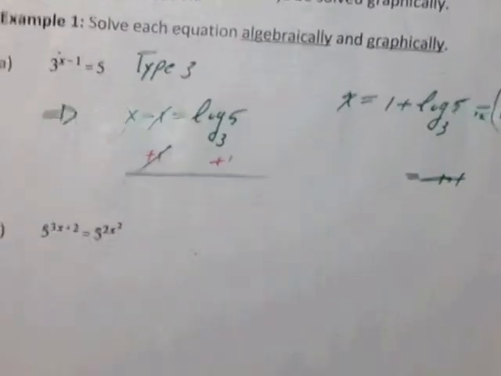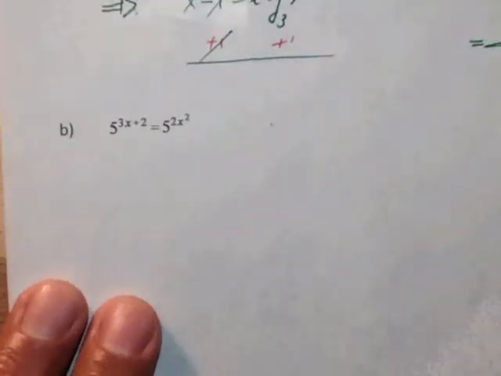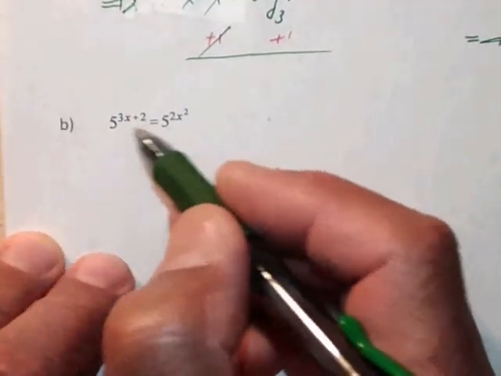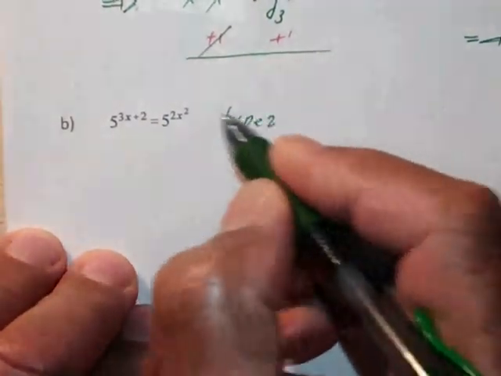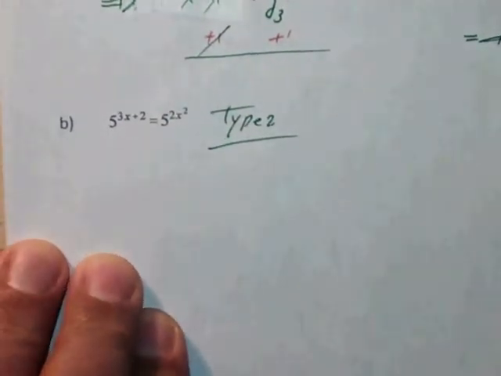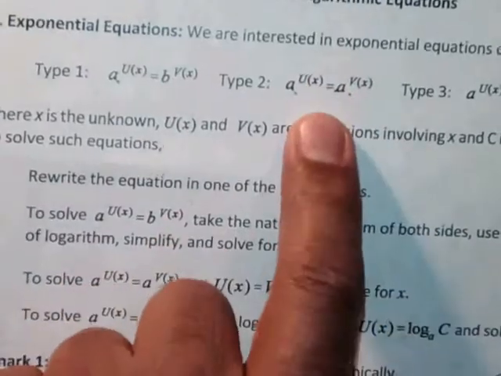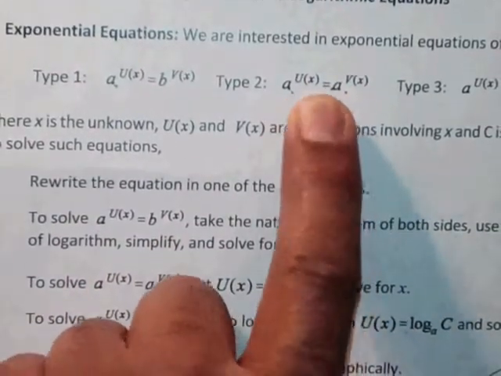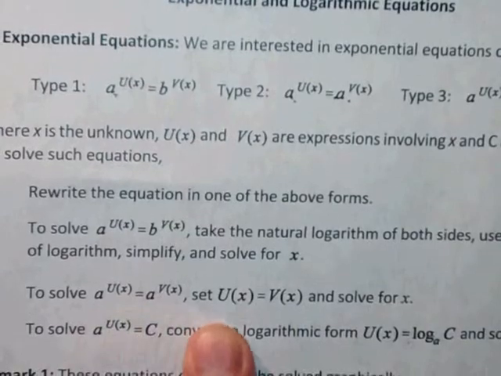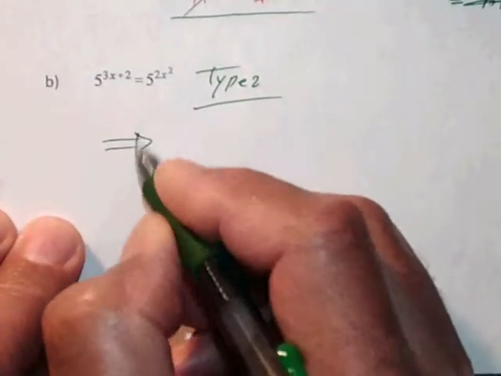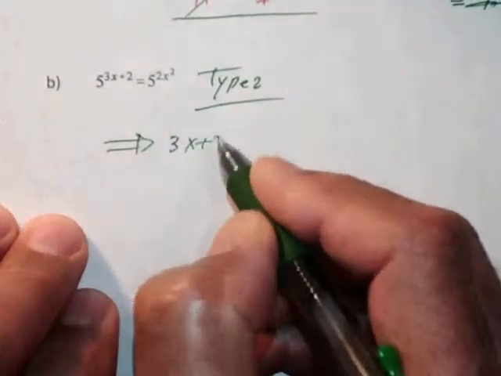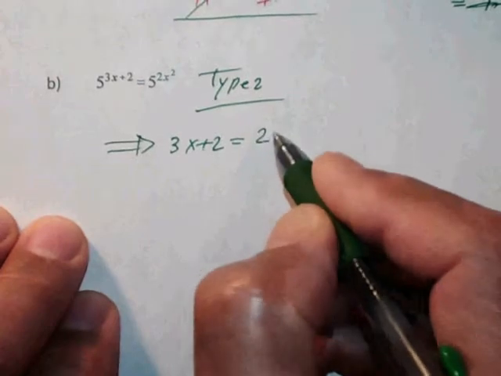Okay, let's look at the next one. Here you have the same bases. This is type 2. For type 2, since you have the same bases, you just set the exponents equal. So to solve this, you say 3x plus 2 equals 2x squared.